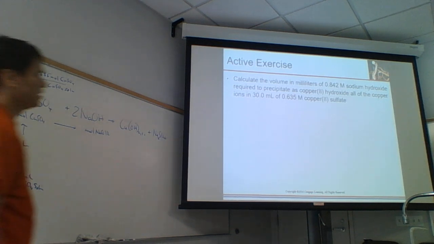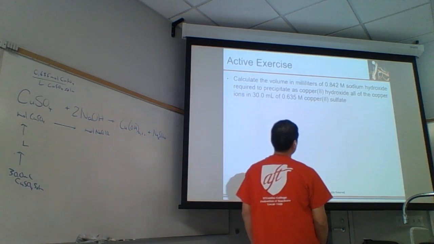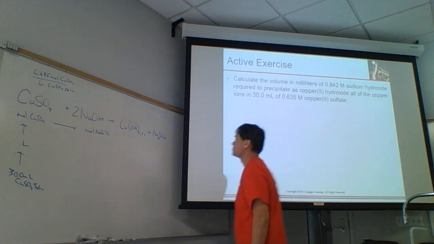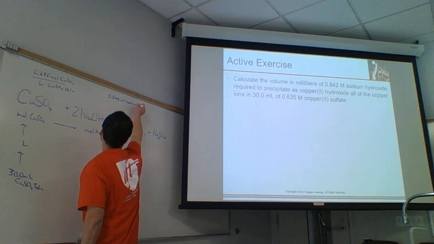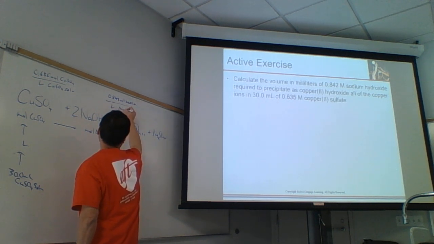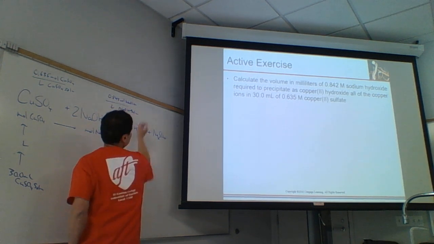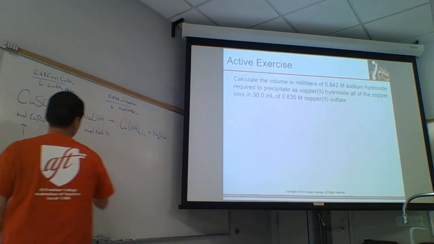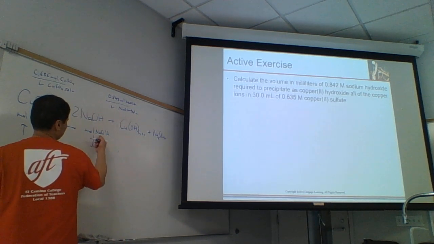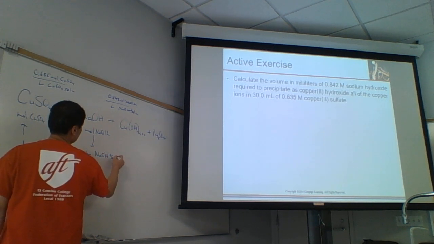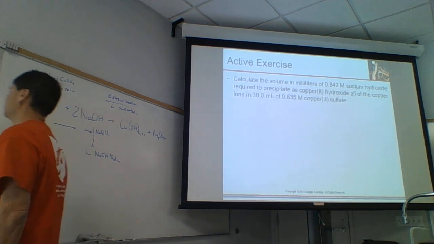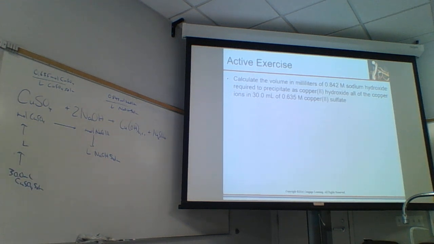But if we have moles of NaOH and the molarity, then we can get the liters. 0.842 molar sodium hydroxide. So 0.842 moles of pure sodium hydroxide per liter of sodium hydroxide solution. And so here we can go from moles of pure sodium hydroxide to liters of sodium hydroxide solution. So I'm going to tack on another conversion factor here.